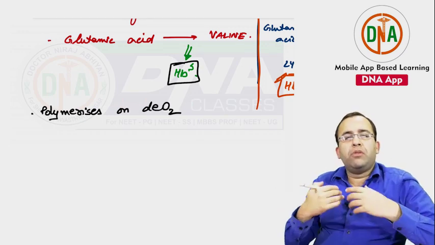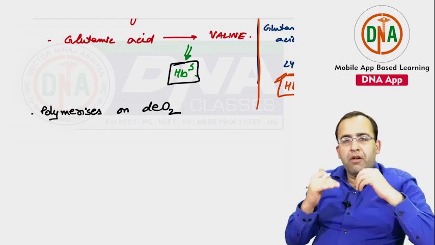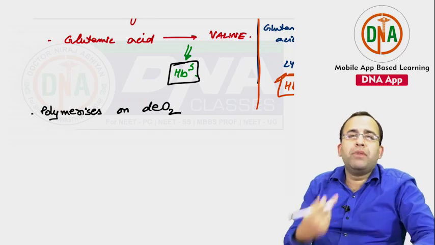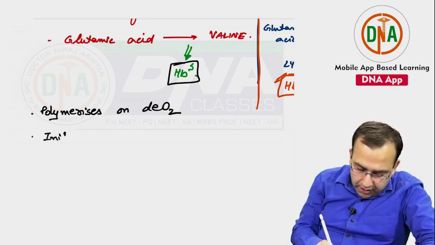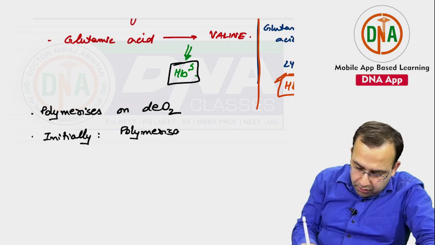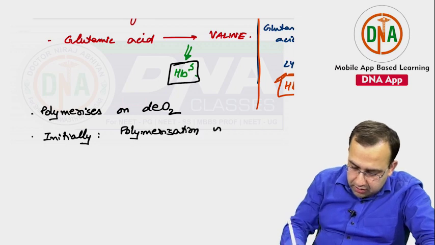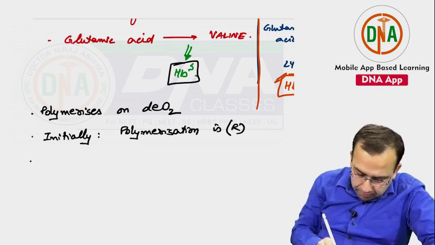See, it is the job of RBCs to take oxygen from lungs and give it to the peripheral tissue, but HbS polymerizes on deoxygenation. Initially this polymerization is reversible.